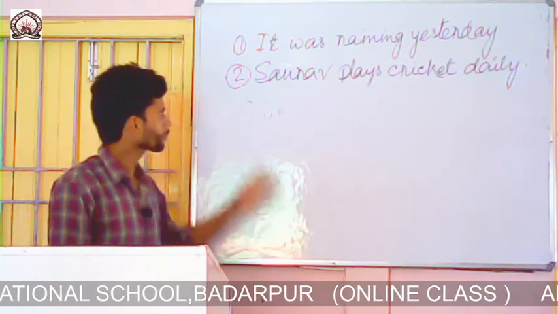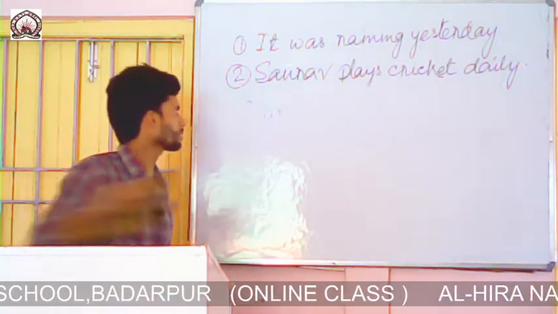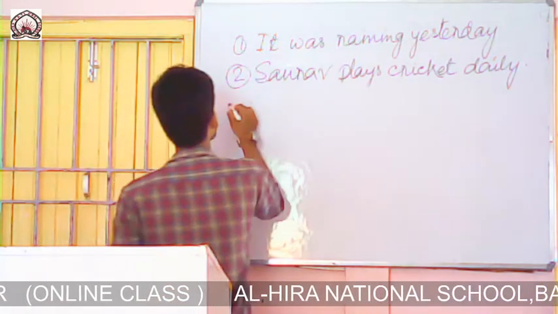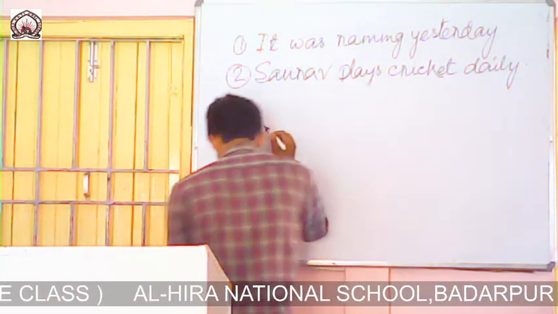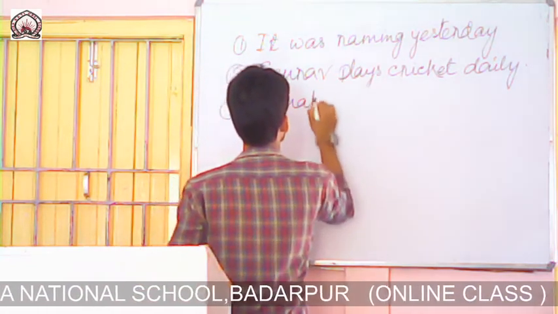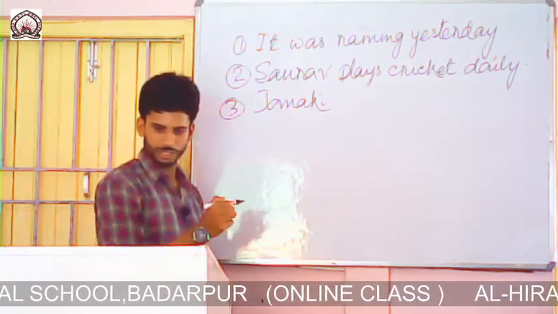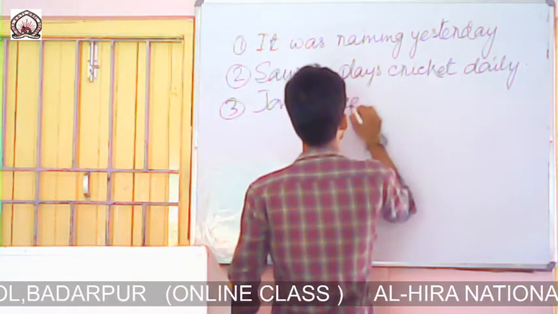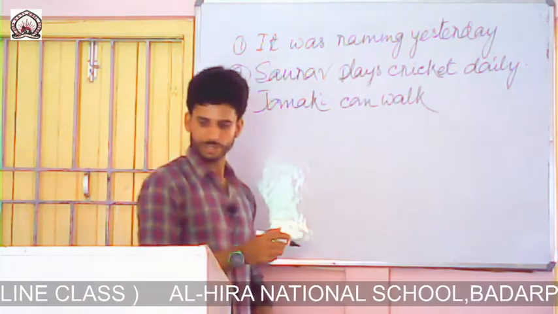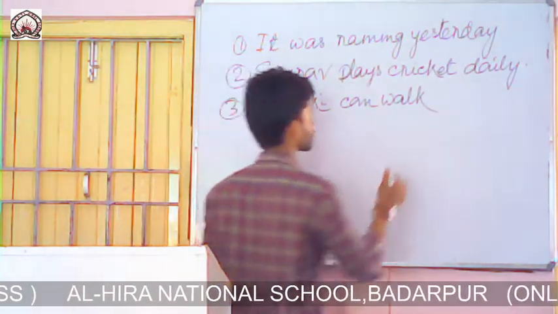I am writing one more sentence, and this is the last sentence I am going to write from your textbook. Sentence number 3. Janaki can walk with roller skates on.